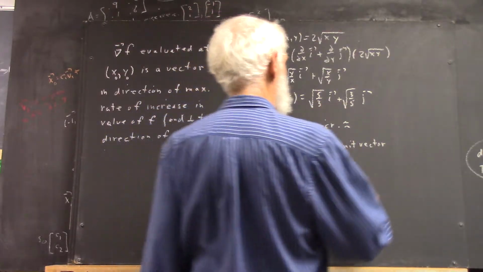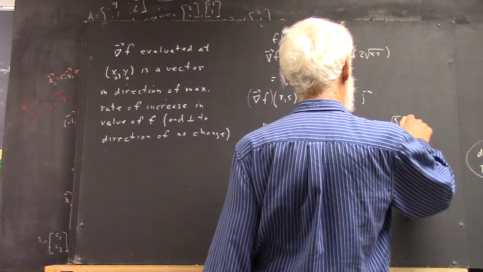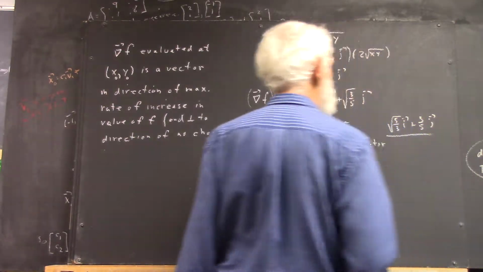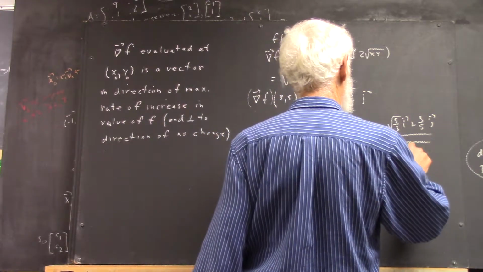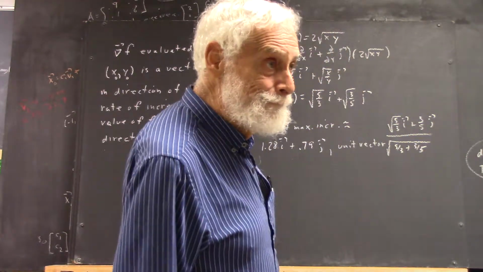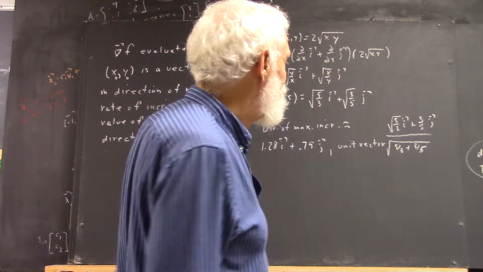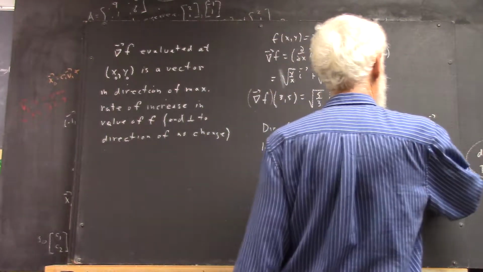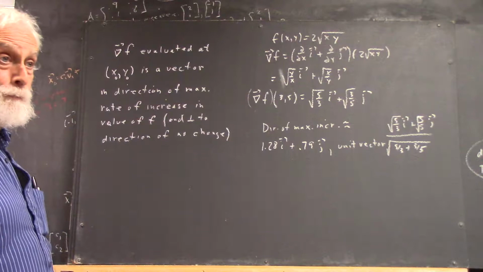And the unit vector is going to be this over the square root of 5/3 plus 3/5, as you can easily verify. Because the square of the square root is a fraction. You can add that and get the exact result. Take the square root on that. Now you can't see the 3, but you know what I wrote down. Okay?